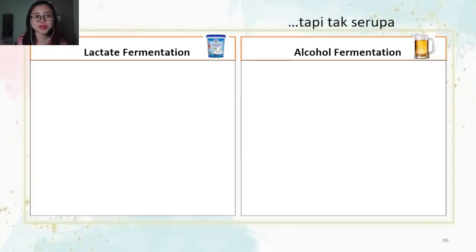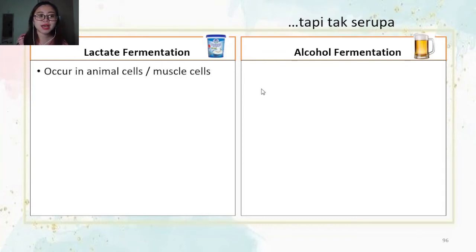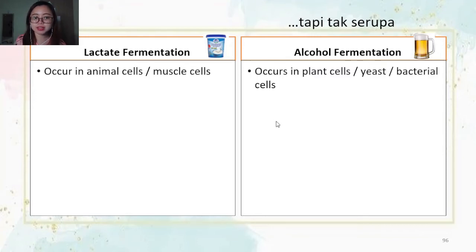But they would also have their differences. So let's compare between lactate fermentation and alcohol fermentation. Lactate fermentation will only occur in animal cells or muscle cells, whereas alcohol fermentation will occur in plant cells, yeast, and also bacterial cells. Lactate fermentation, the products are lactic acid, also called lactate, and ATP.